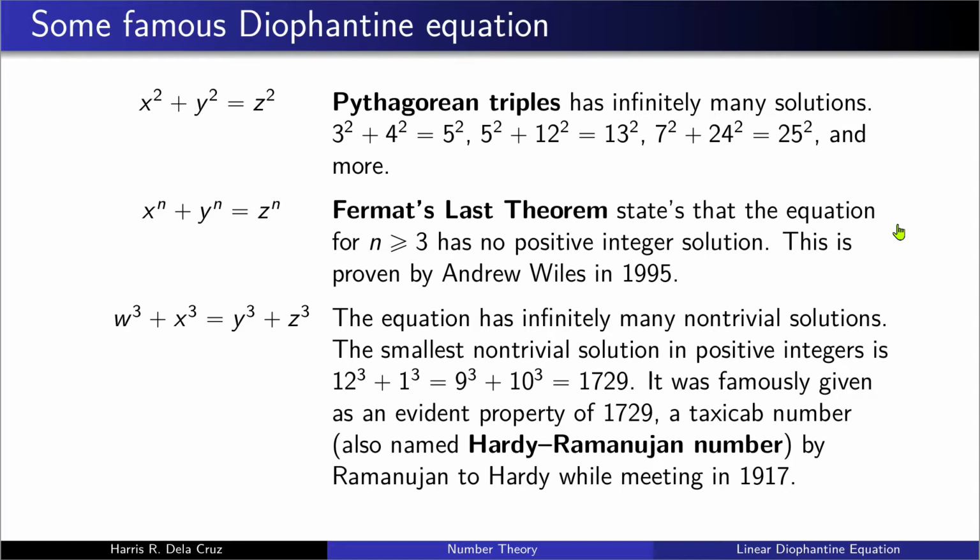It was famously given as an evident property of 1729, a taxicab number, also named the Hardy-Ramanujan number, given by Ramanujan to Hardy while meeting in 1917.